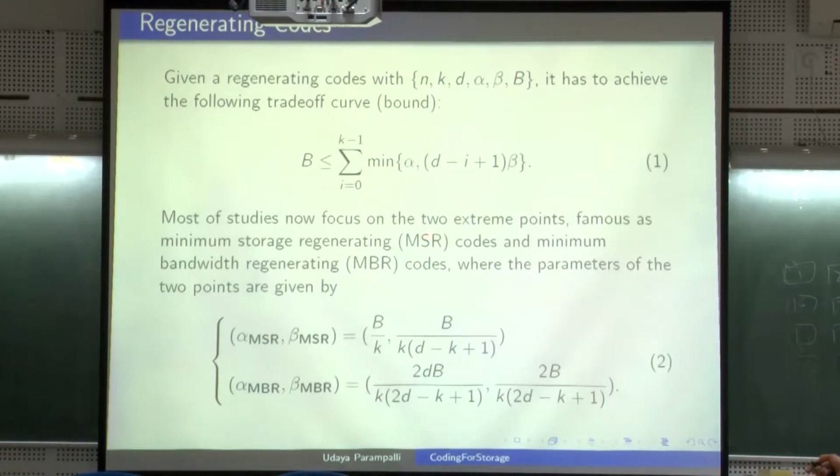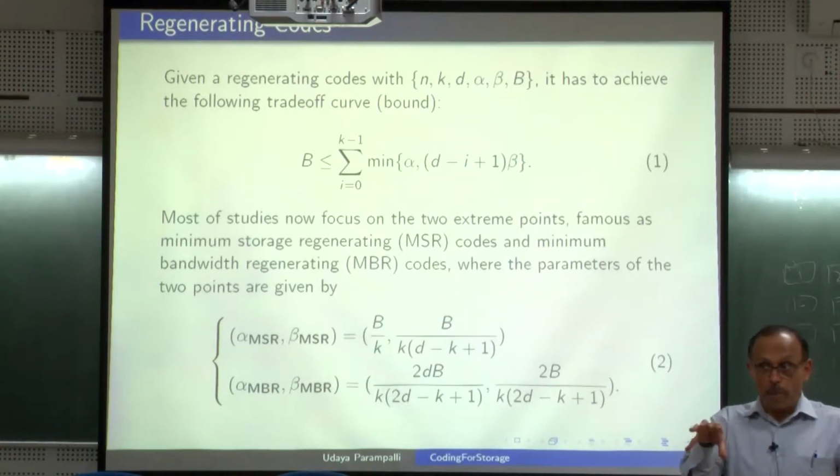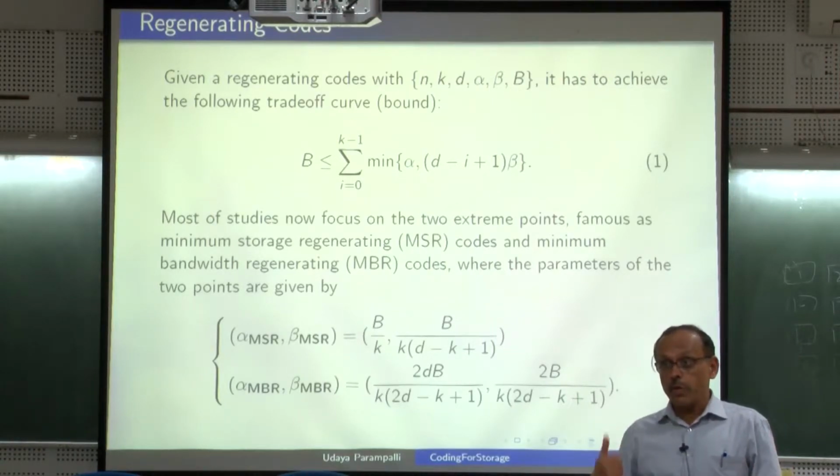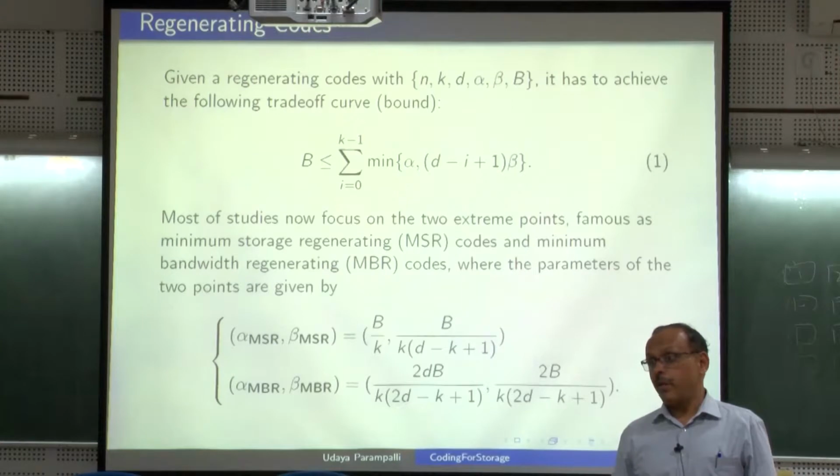Most studies now focus on two extreme points, MSR and MBR. In the case of MBR codes, the bandwidth is minimized, so you may have to store more per node, but when a node fails you download less, and that improves the repair process.